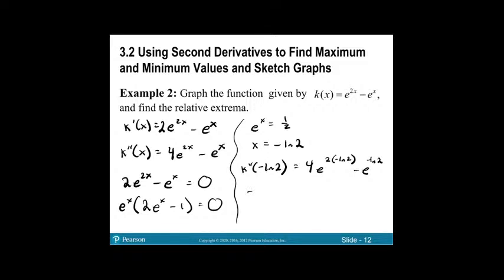So this is the same as 4e to the natural log of 1/4 minus e to the natural log of 1/2. So the e and the natural log are inverses of each other. They cancel each other out. So it looks like it's going to be 1 minus 1/2, which is 1/2, which is positive.